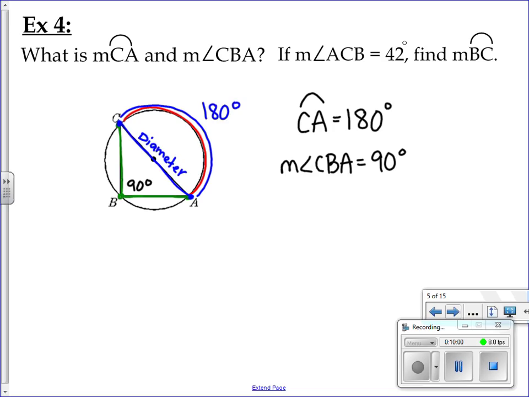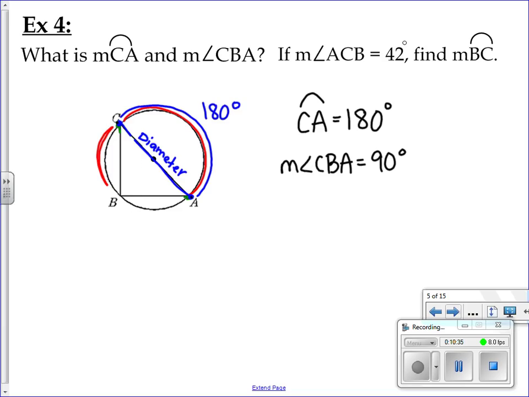Now, this gives us a little bit more information. It says, what if angle ACB is 42 degrees? So let's label that. So angle ACB would be this right up here in the corner. We're trying to find arc BC. So how do you think we can find that arc? Well, if you think about what angle opens up to that arc, I actually have a second inscribed angle in this picture. So let me erase my first one.